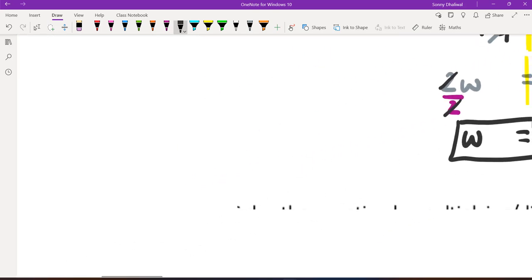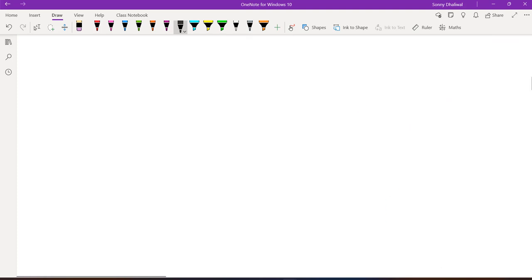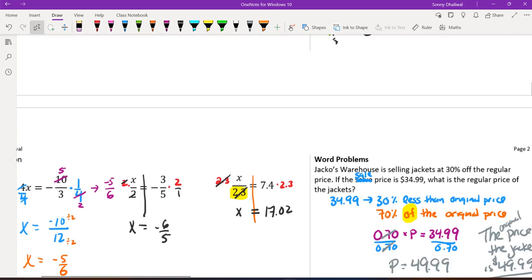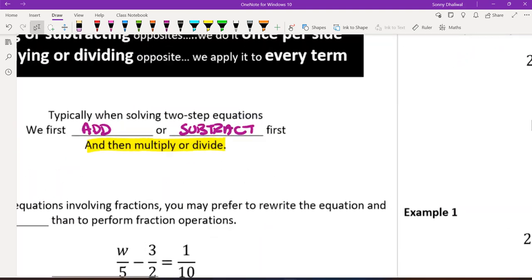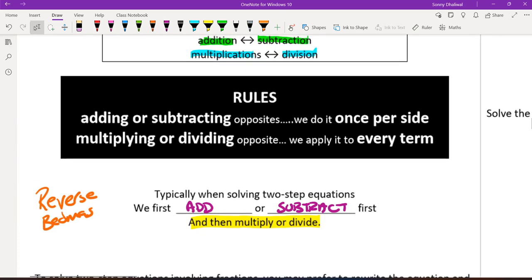When working with equations, when we add or subtract, we do that once per side. If you add or subtract to the 4, we do that once per side.